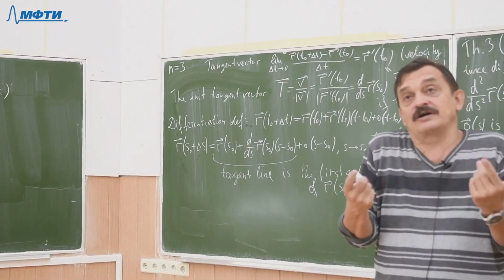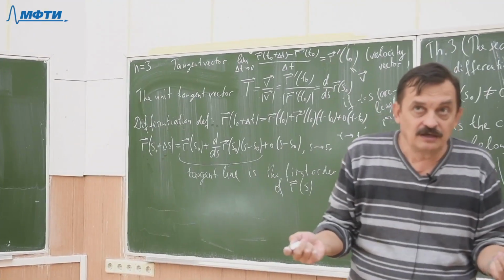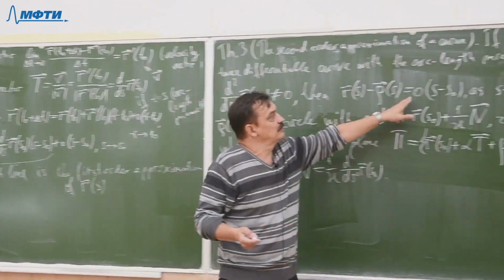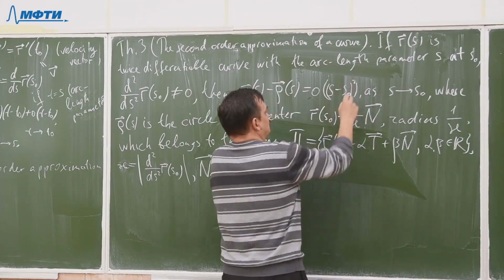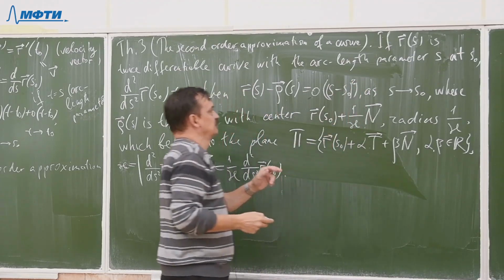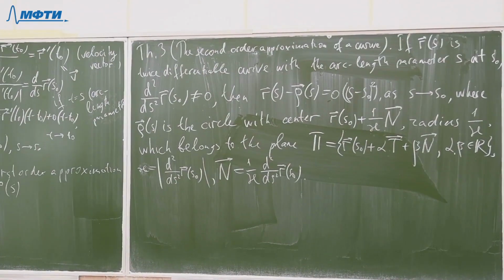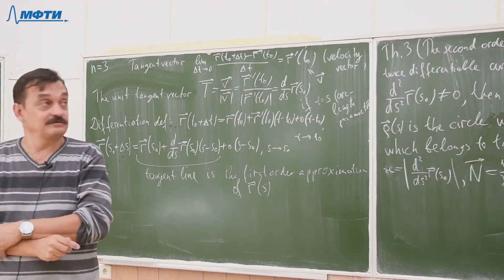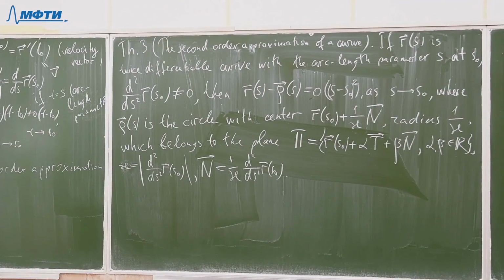Now we want to understand what is the second approximation, right? And it turns out that if we, oh, sorry, very big mistake. Squared, of course. Very big mistake, of course. I was talking about second order approximation and I forget about this second order. Yeah?